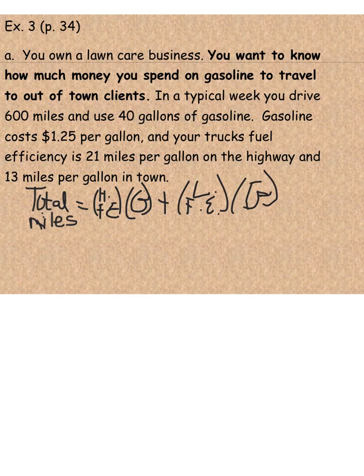Okay, so our highway fuel efficiency times the gas plus the local fuel efficiency times the amount of gas is going to be equal to our total miles. So we'll need to substitute what we know. The total miles that we're traveling each week is 600.